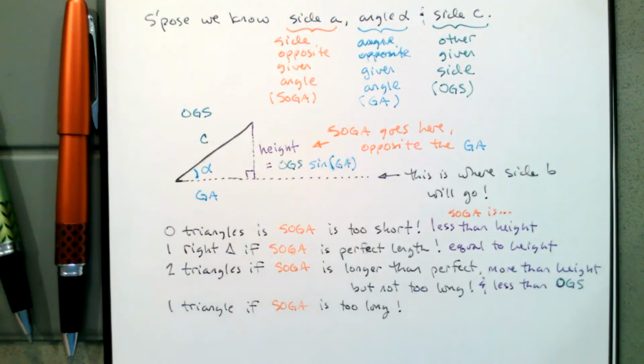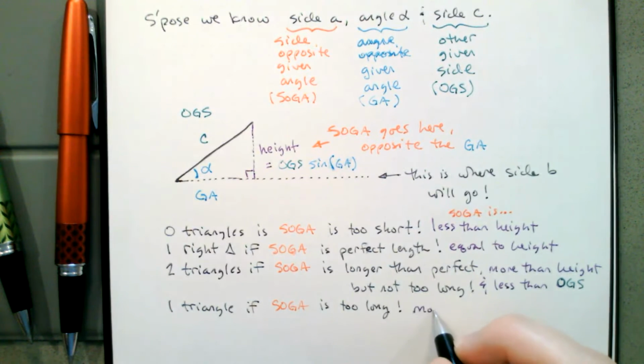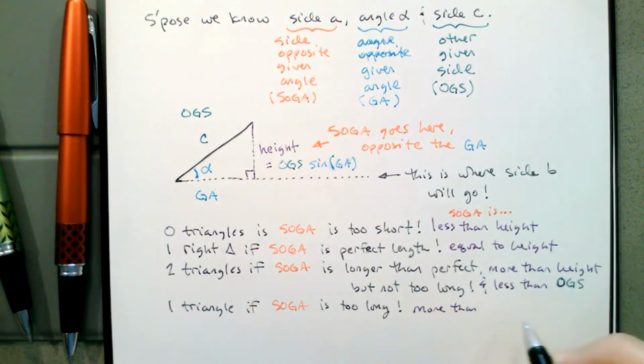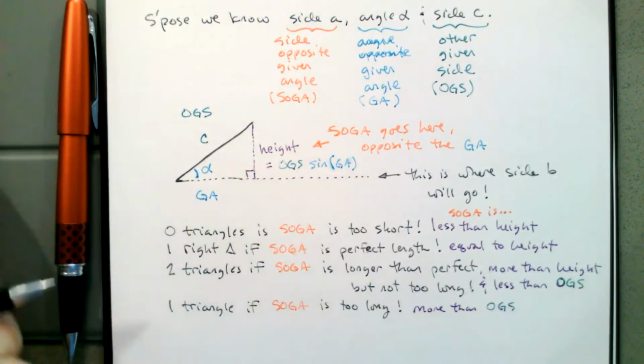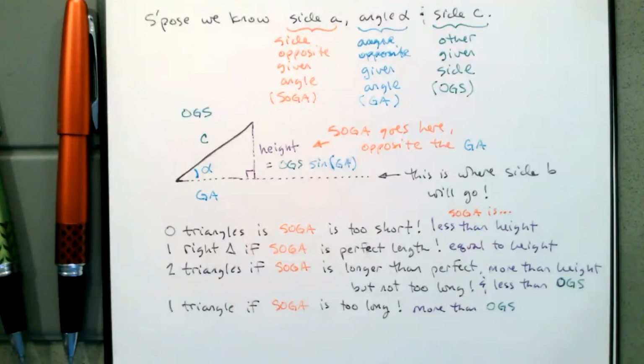And we get one triangle if the side opposite the given angle is too long, or greater than the other given side. So there's 0, 1, 2, or 1 triangles with this given set of information.